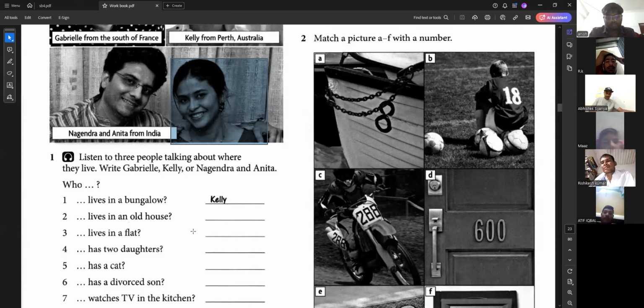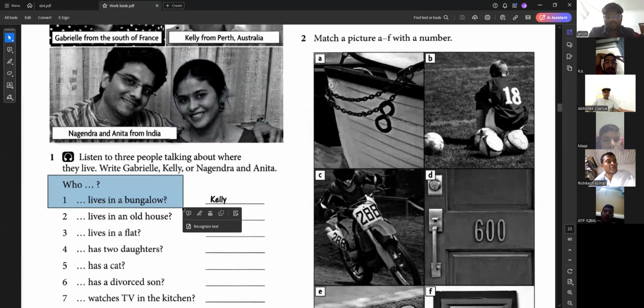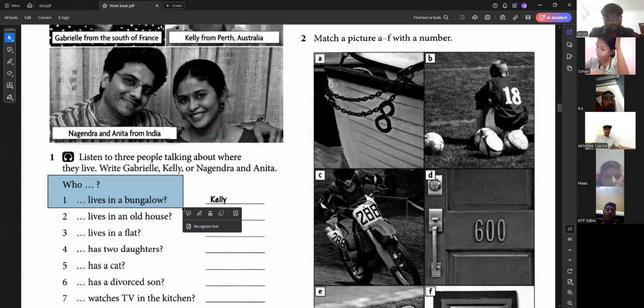Listen to 3 people talking about where they live. Okay, now look at the question. Who lives in a bungalow? Notice this question, everybody. This question is very different. Do you realize? The word order is totally different. Here, who is the question word, obviously, and who is also the subject?